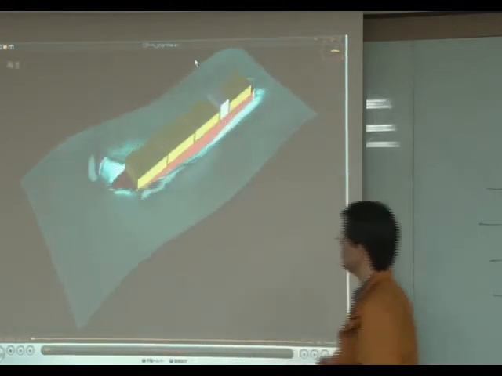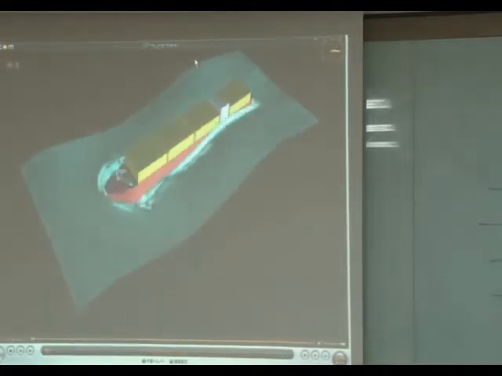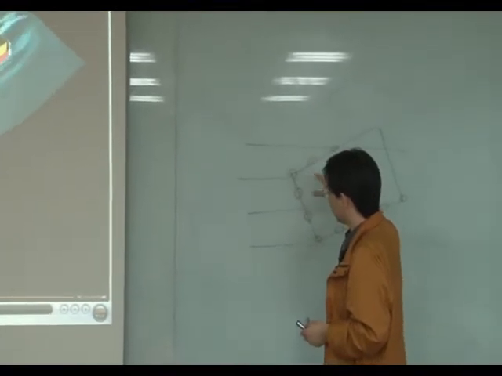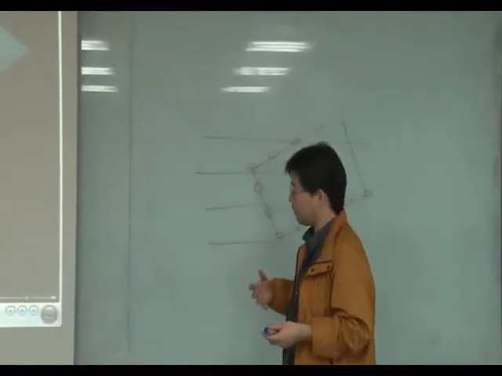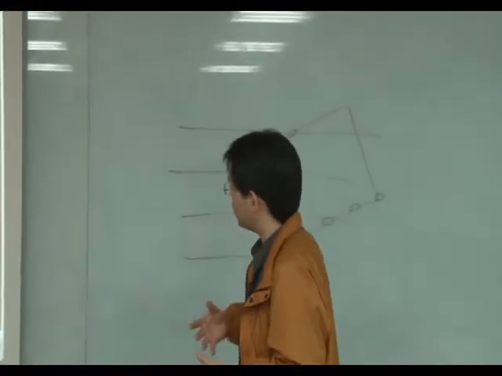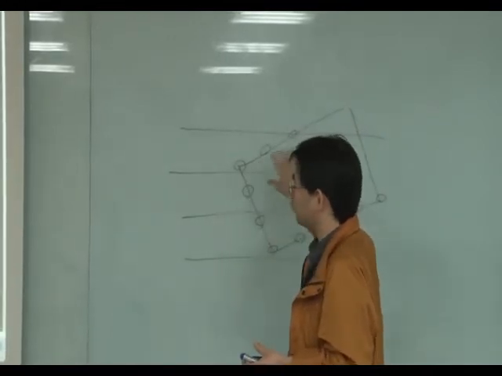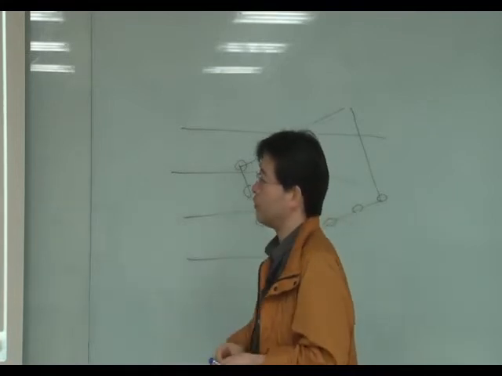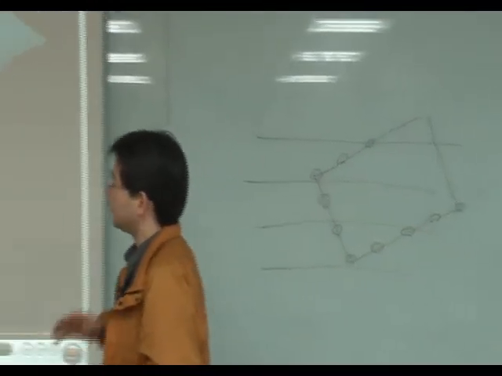In the actual condition, they are using a simulation of a group of points. It represents the shape of the ship.